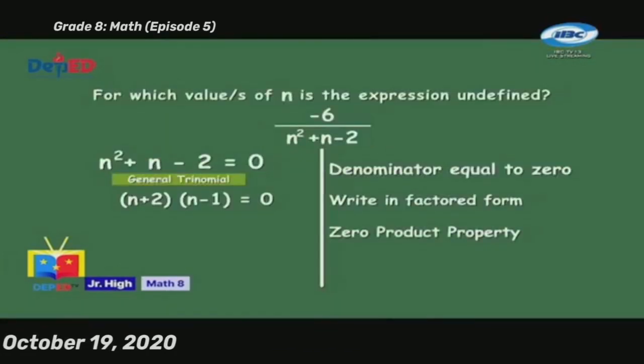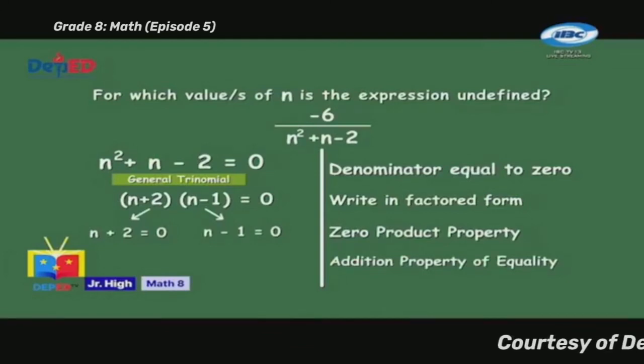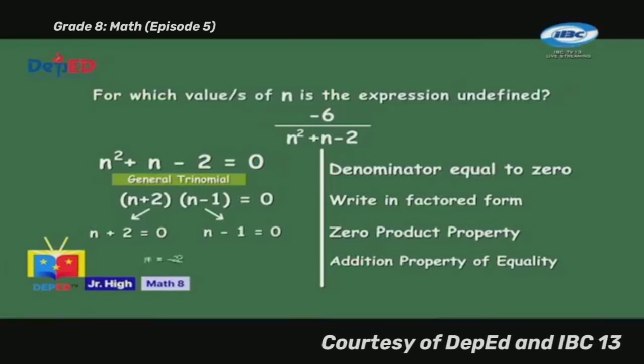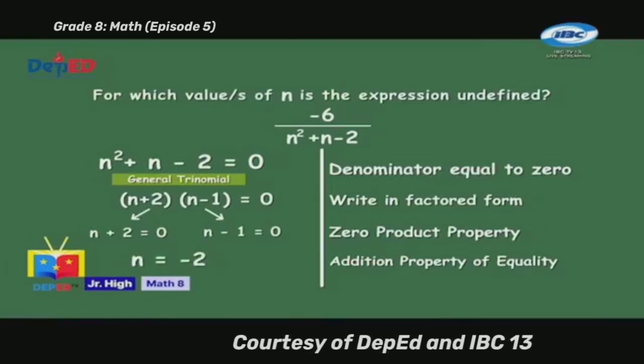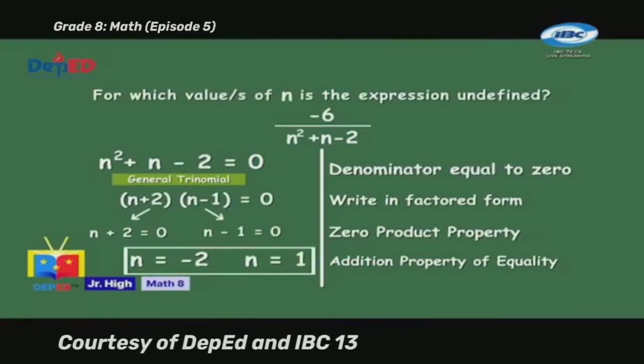Using the zero product property, we can say that n plus 2 equals 0 or n minus 1 equals 0. Then by the addition property of equality, we can further simplify the equations to have the excluded values n equal to negative 2 and n equal to positive 1.